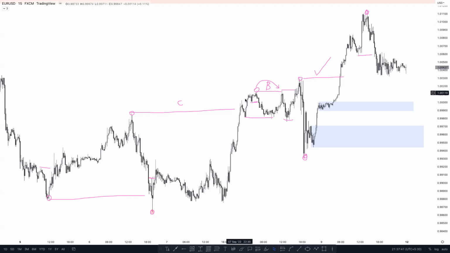So this is a possible scenario in Euro USD. Price taps here and gives any direction here, and then we can buy and go higher, okay.